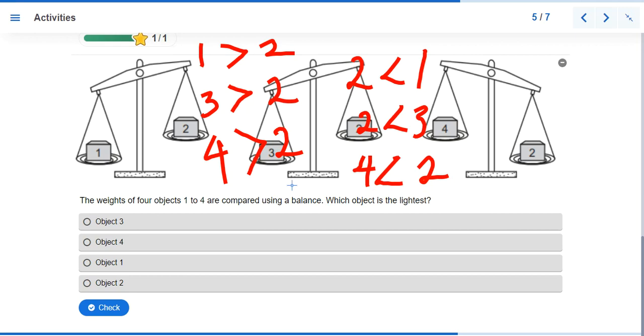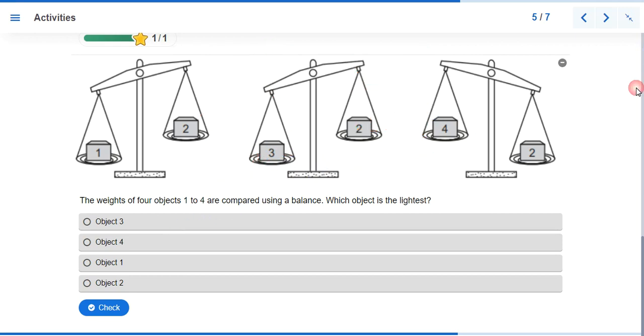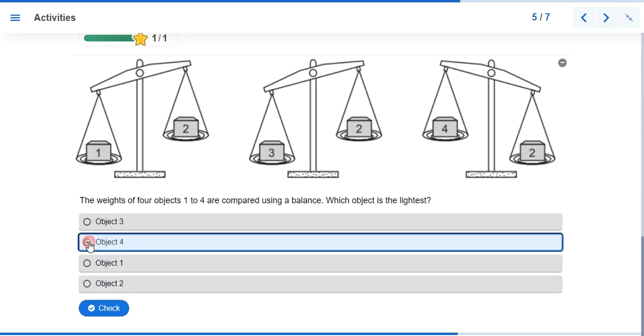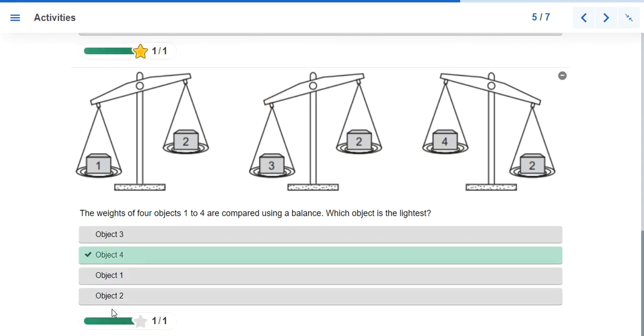With that in mind, weight 4 will now be the least. So, picking the answer, now let's move on.